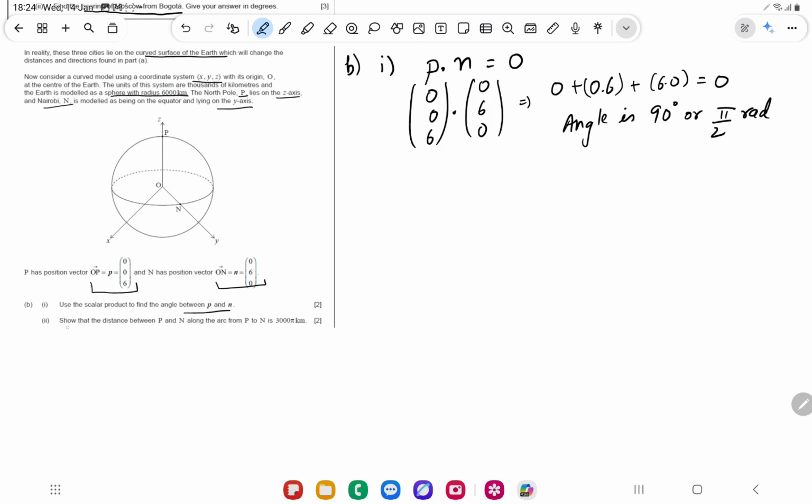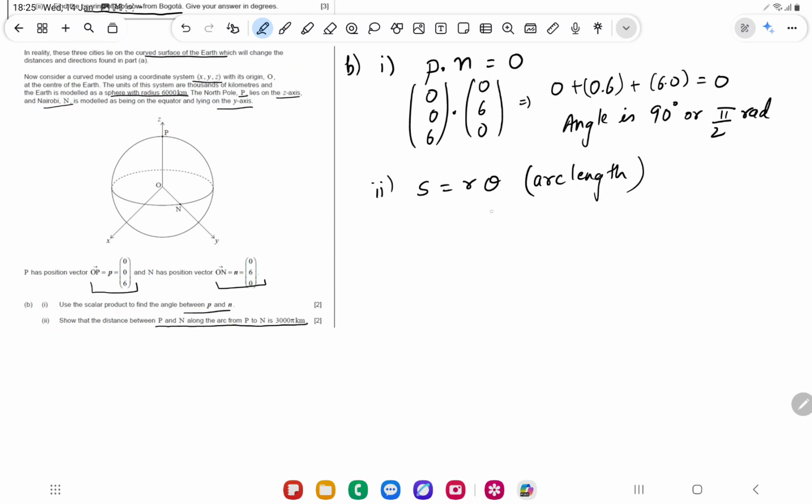Now part B says show that the distance between P and N along the arc from P to N is 3000 pi kilometers. We can use the formula S equals r theta, that is your arc length formula.